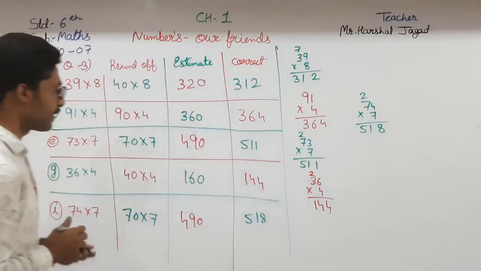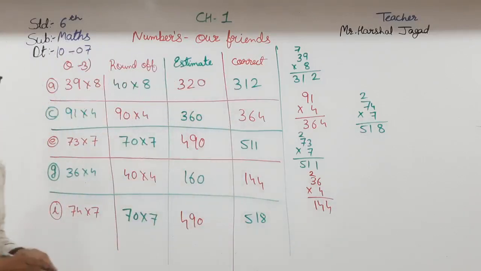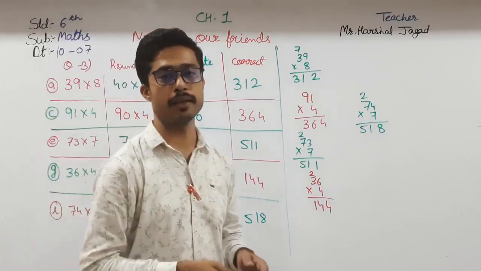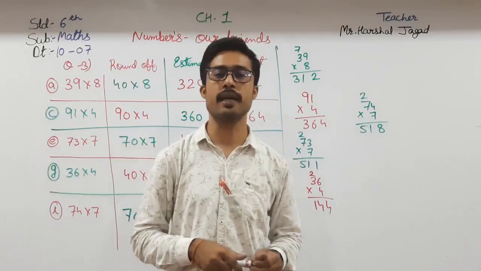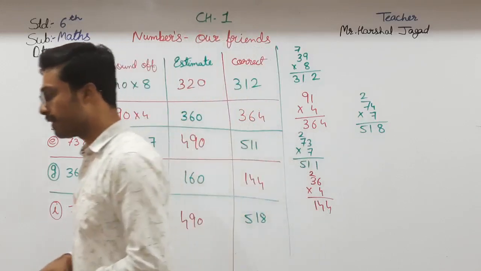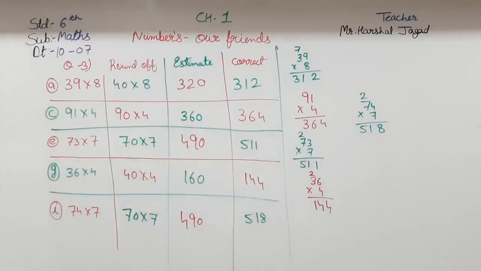518. Okay. So please write down the answers, students, and the remaining ones you have to do on your own. If you have any doubt, then you can contact me. Please write this down, and then after we will see question 4 and question 5.